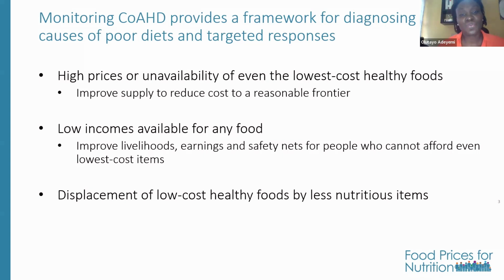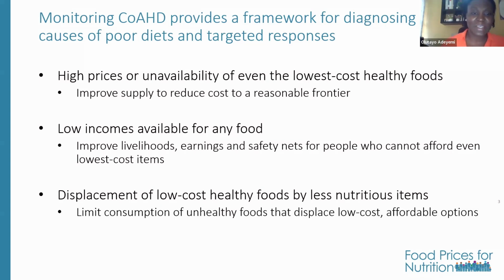And then you can have a situation where people can afford the lowest cost items, but they are still not eating a healthy diet because they are consuming more expensive items. So for instance, that's often the case in Nigeria, the least cost healthy diet never includes rice, it never includes beef, because there are cheaper alternatives in their food groups. But people prefer to consume rice and beef.